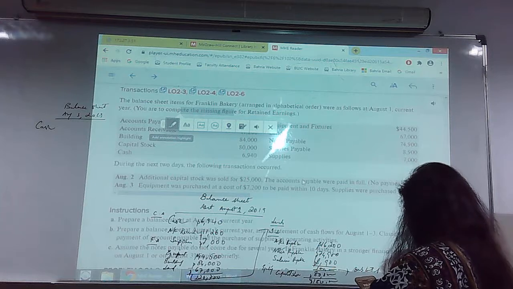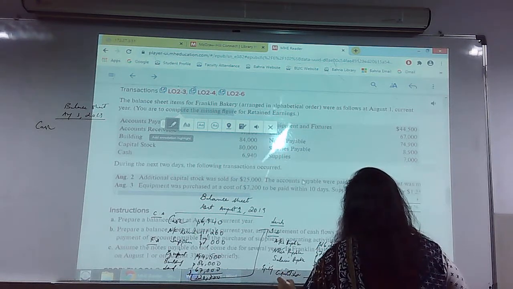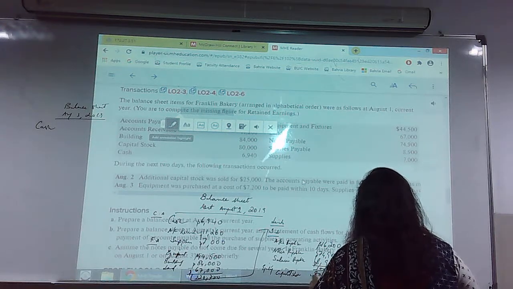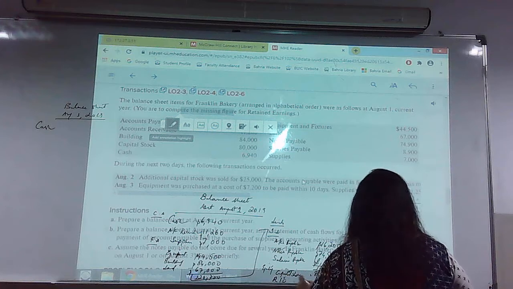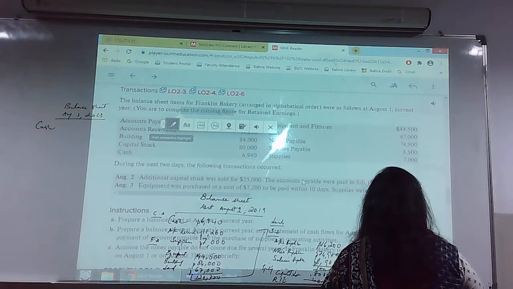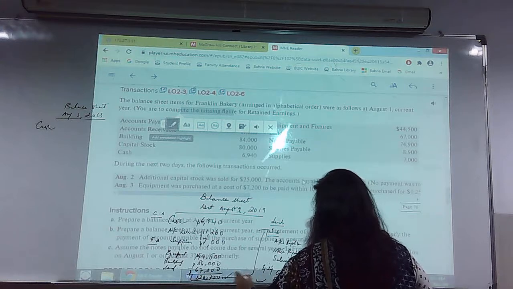Less 180, the retained earnings is 40,700. So now RE would be 40,700 and the total would be again 220,700. So this would be balanced with this one.